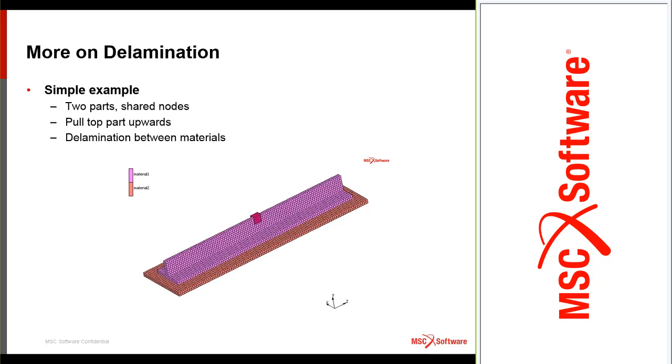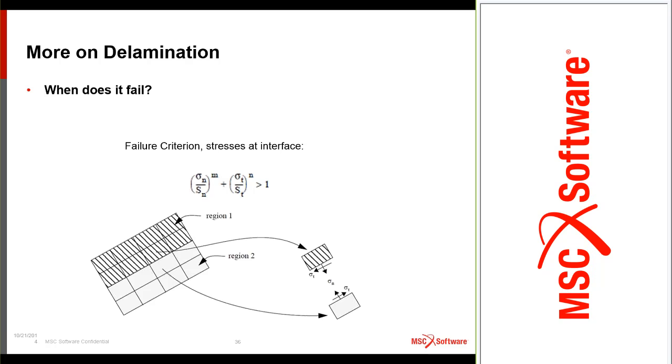Previously, we initiated a crack, we defined crack faces where we would want to crack. Now we want to use a stress criterion to determine where this should be split up. So the delamination option of Marc is based upon a stress criterion. It looks at the interface stresses between two materials.